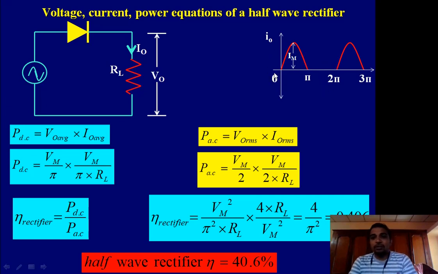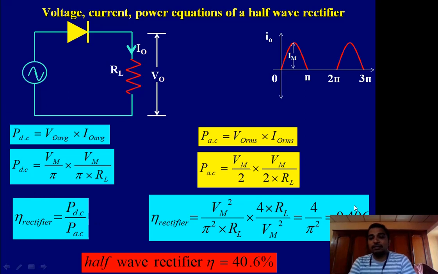So this is the half wave rectifier output waveform. In the last class we have discussed the analysis part also: output DC power divided by output AC power, that is the rectification efficiency. Out of the total power available in the load, how much DC content you have, that is the rectification efficiency.